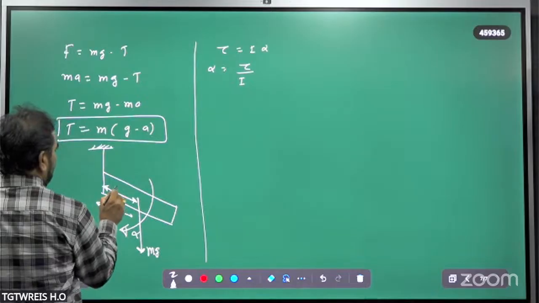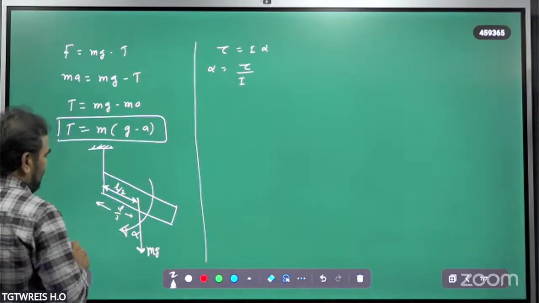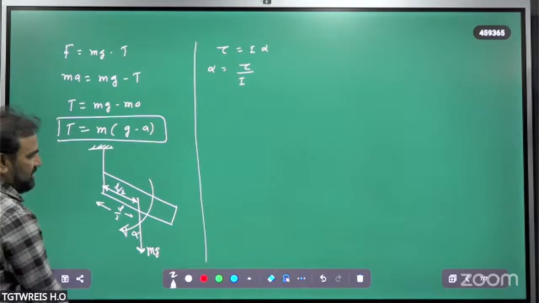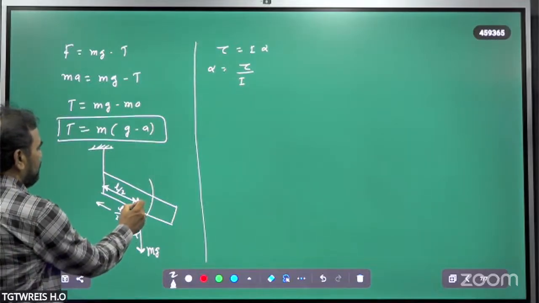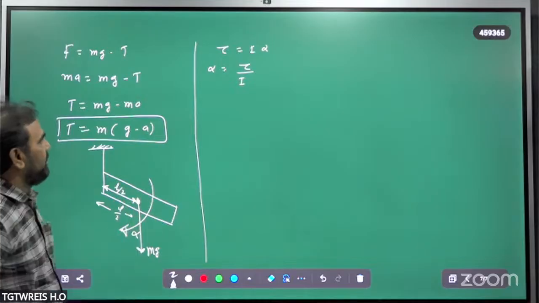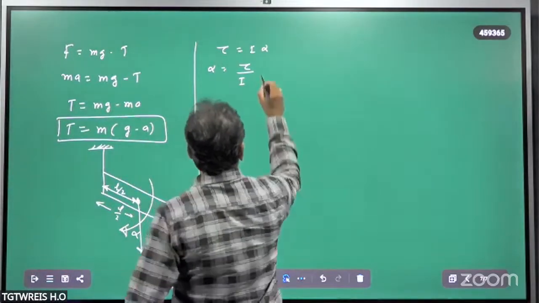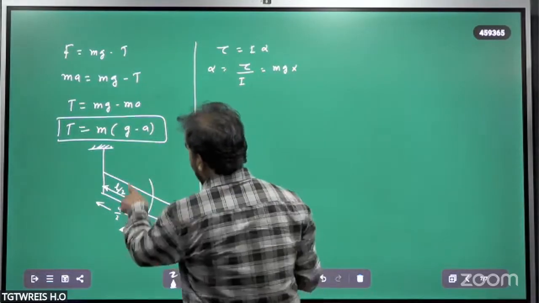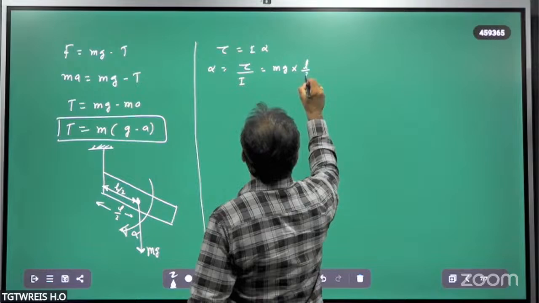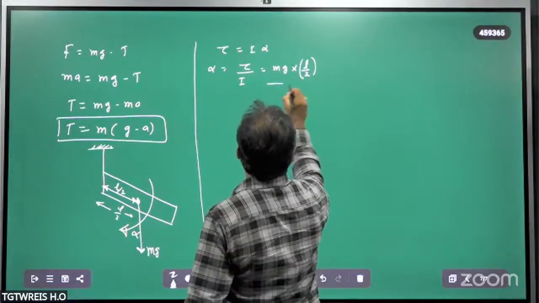This fixed point is at a distance of L by 2. Tau is force into perpendicular distance. Is it clear? Therefore, the torque is given by force mg into L by 2, the perpendicular distance, upon I.